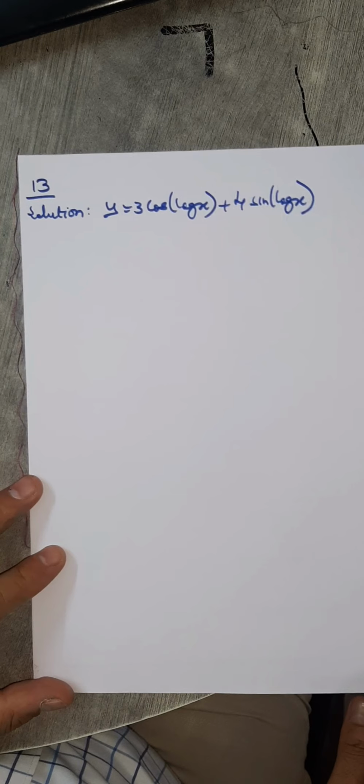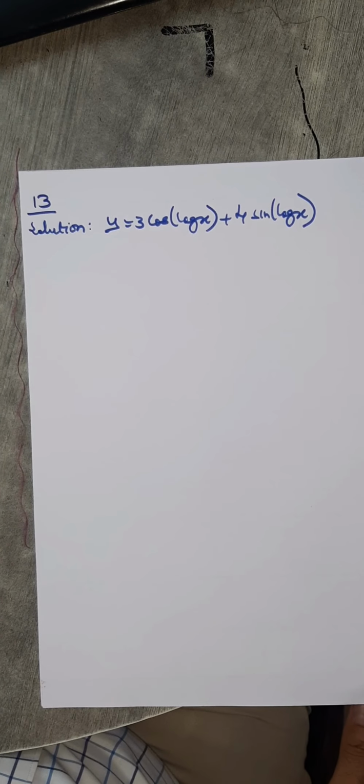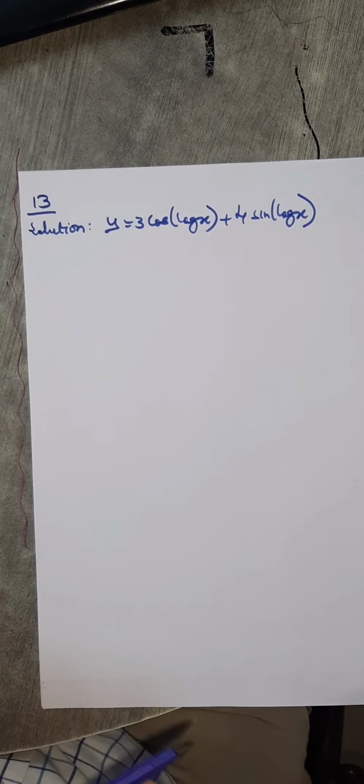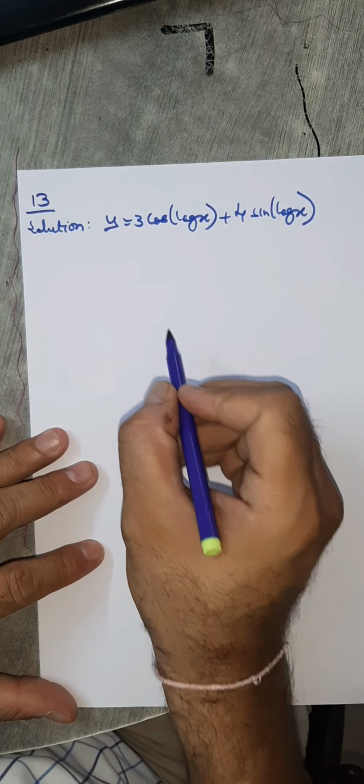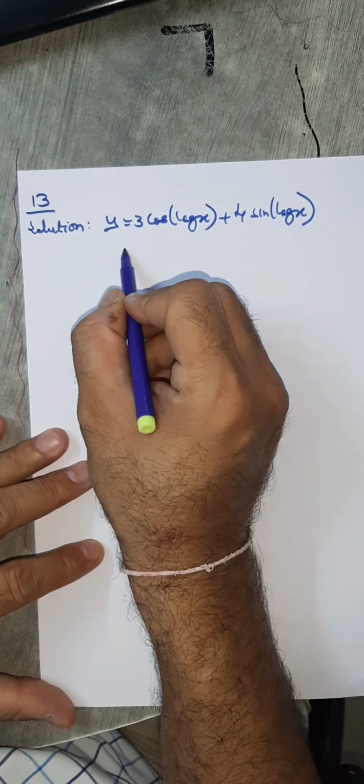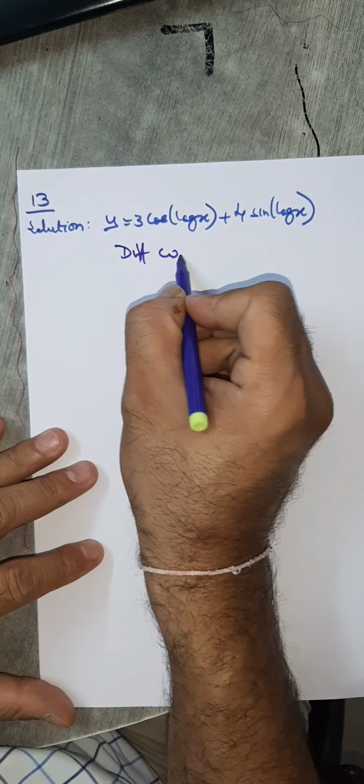The next question is here, y equals 3 times cos log x plus 4 times sine of log x. We want double derivatives. So we differentiate it with respect to x here.